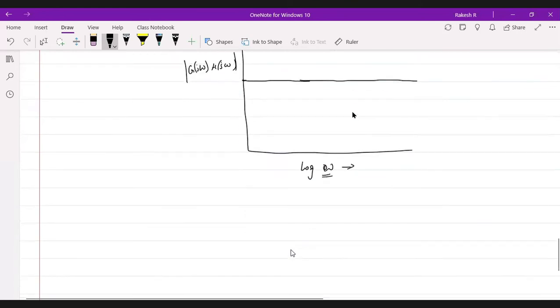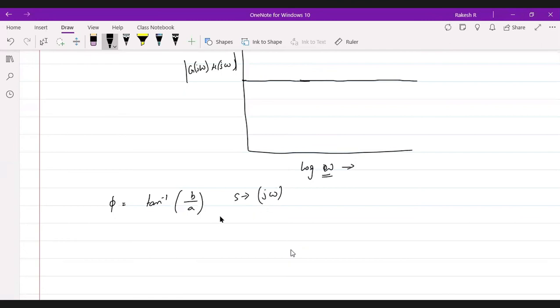Now, for the phase, as I told, you need to take tan inverse of b by a, that is the imaginary part by the real part. You take this for the s value, that is j omega.